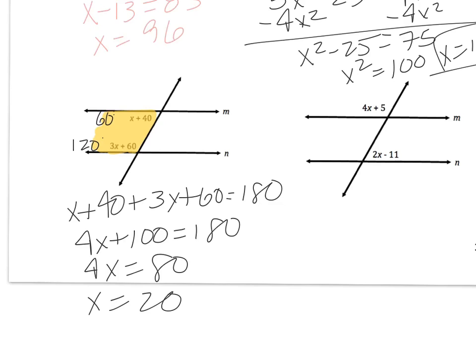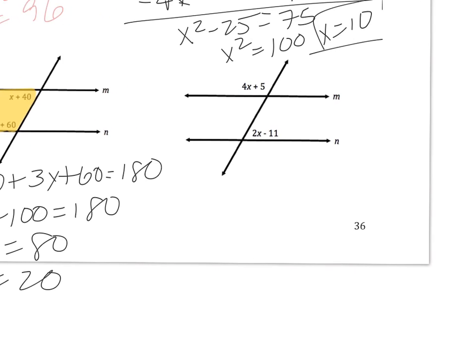And now we're just moving on to the last example. In the last example, I have this angle here. I happen to know that this angle is corresponding with this angle here. So I'm going to write that in as 4x plus 5. Notice it's in the top left versus the top left. I also know that these two angles are in fact supplementary because they are angles on a line.